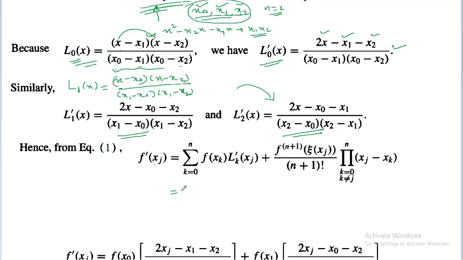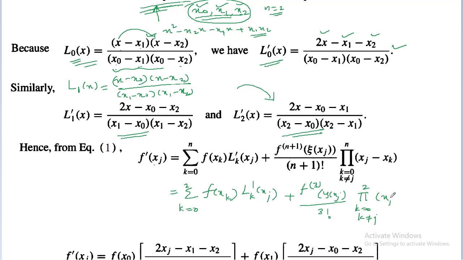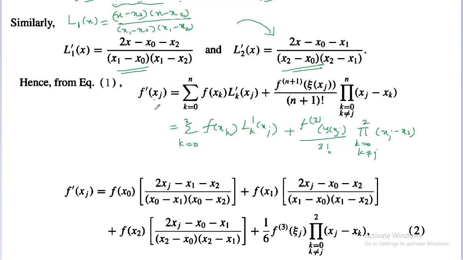So this is equal to summation k from 0 to 2 f of xk Lk dash of xj plus f n plus 1, that is f triple dash of zeta j divided by 3 factorial, because n is equal to 2, times the product k from 0 to 2, k not equal to j, of xj minus xk. Okay, so this is f dash of xj.